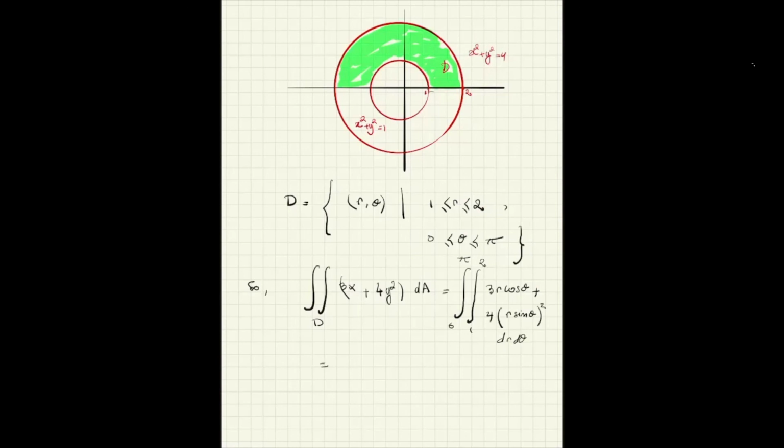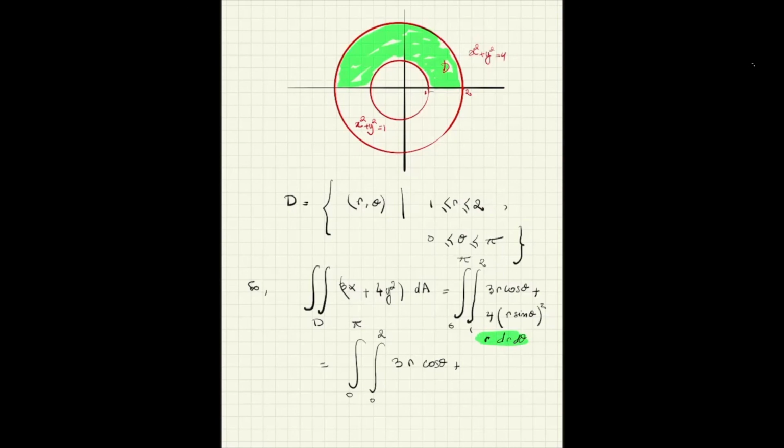Now if you just expand this thing, it's going to give you the integral from 0 to pi, 3r squared plus... sorry, I make a lot of typos. I should probably work on this. Plus 4. Oh yeah, here is very important: it's r.